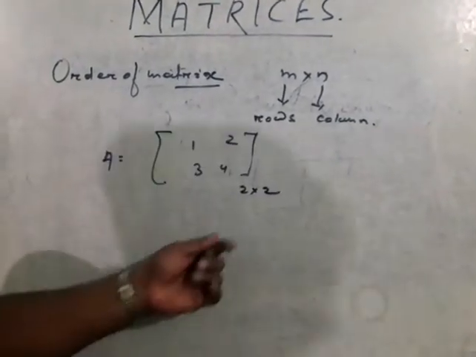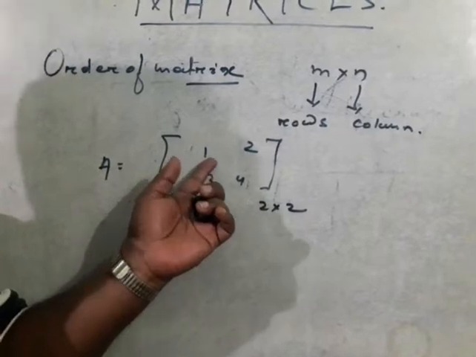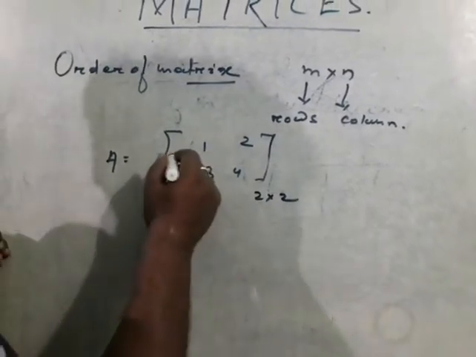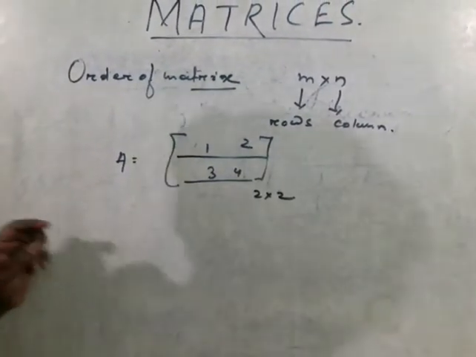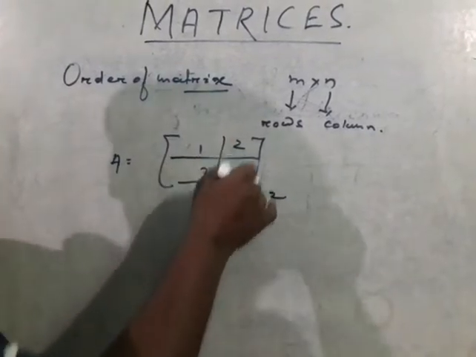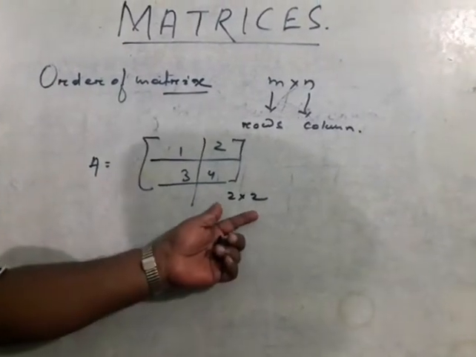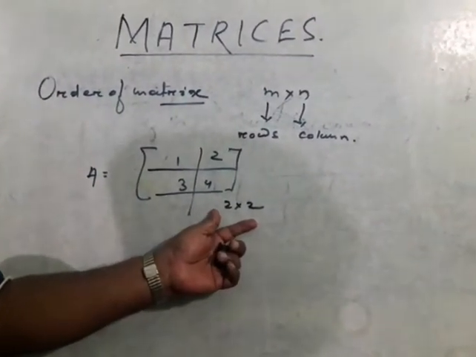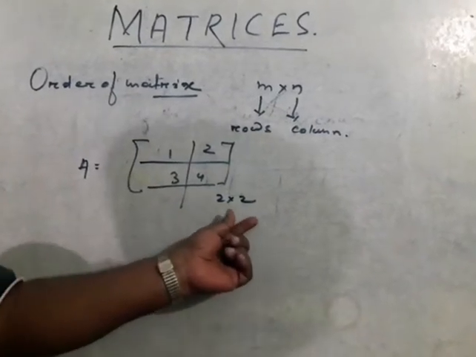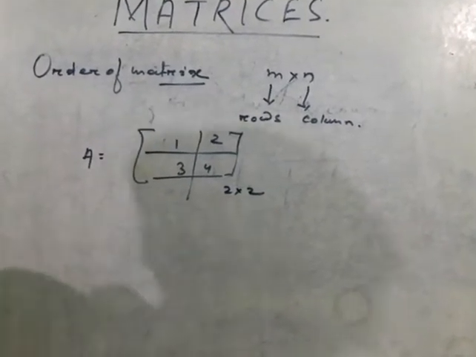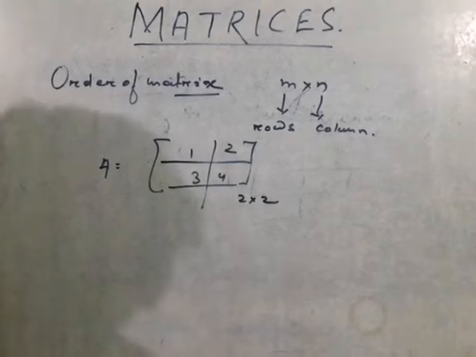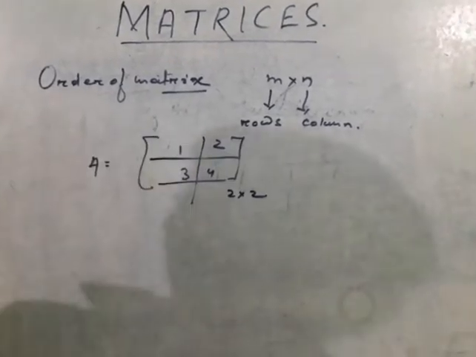There are 2 rows, row number 1 and row number 2, and 2 columns, so the order of the matrix is 2 by 2, or the number of rows is 2 and the number of columns is 2.